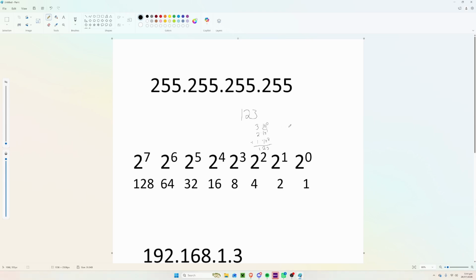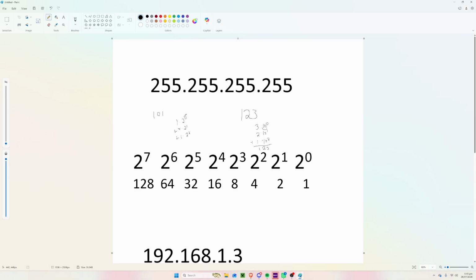To give you an idea of what binary digits would look like, for instance, if I had a binary number of 101, this would be equal to 1 times 2 to the 0th, plus 0 times 2 to the first, plus 1 times 2 to the second.